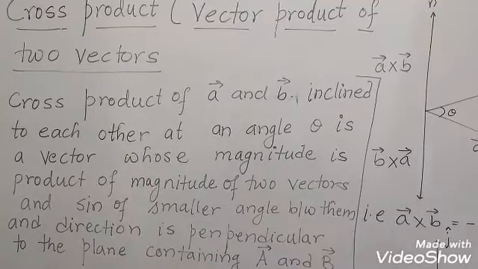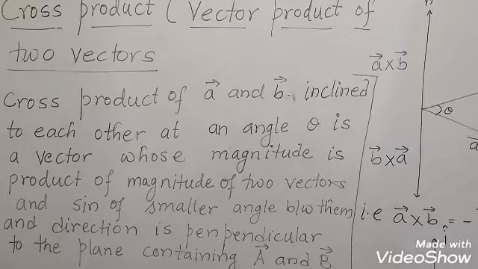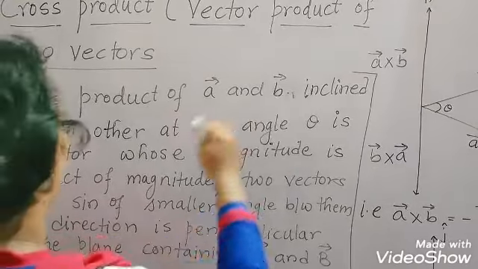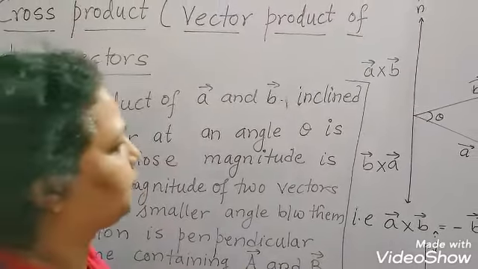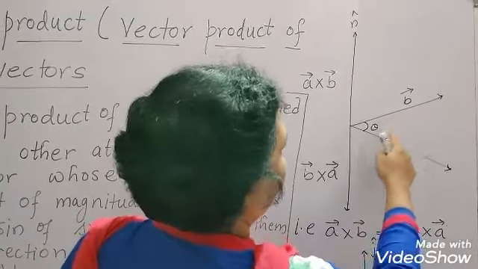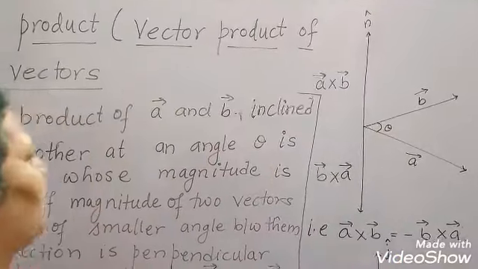Cross product or vector product of two vectors. The cross product of A and B inclined to each other at an angle theta. Look here, these are the two vectors A and B inclined with each other with a small angle theta.